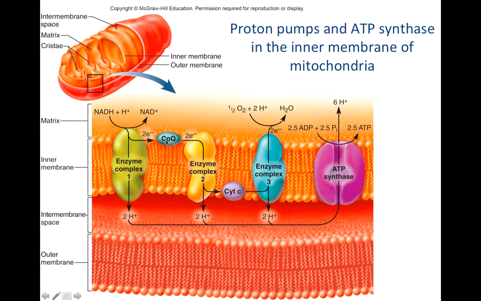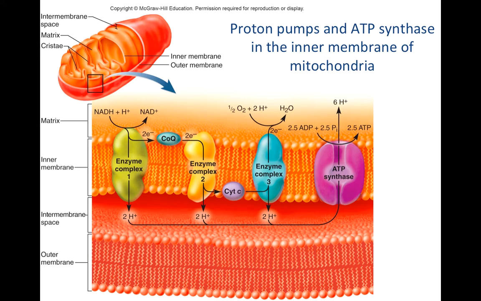These two electrons will then continue to another electron carrier. So from CoQ, it's going to head over here to cytochrome C. As these electrons are passed off, it releases energy. And this enzyme complex 2 is also going to act as a proton pump, and you see more hydrogen ions, or protons, being pumped into this intermembrane space.